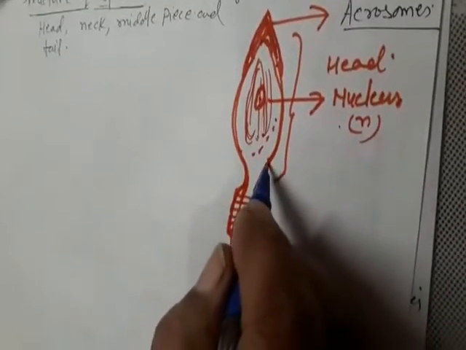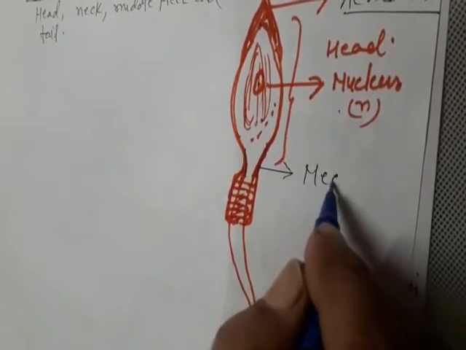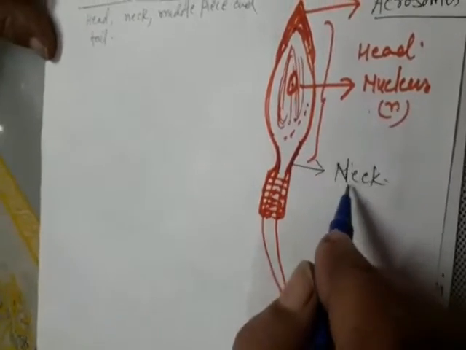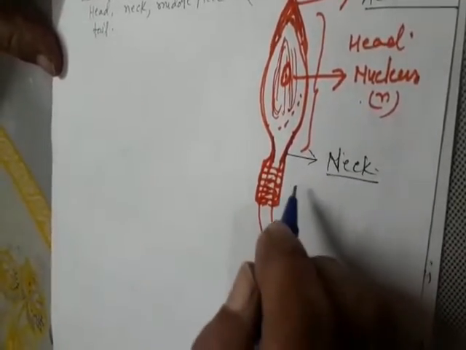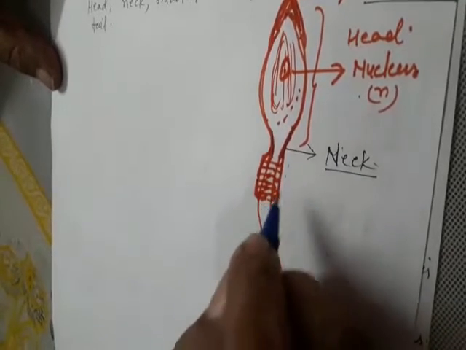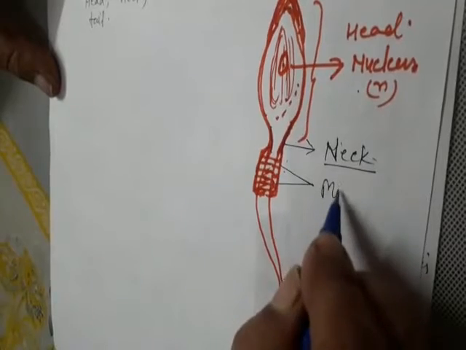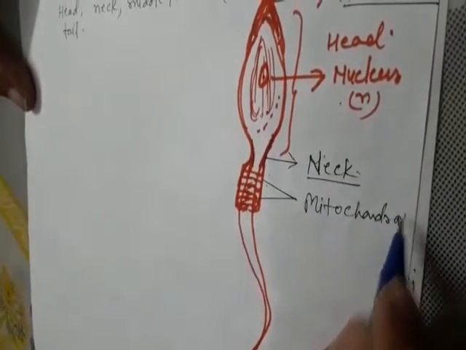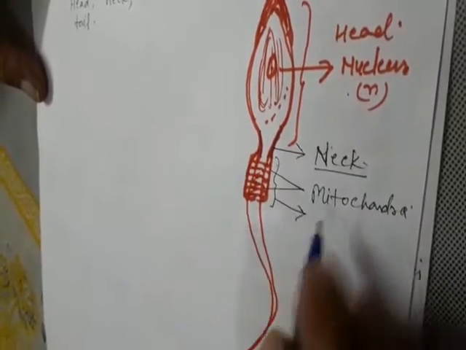Next, the neck region. The neck region also contains the middle piece, and the middle piece has many mitochondria.